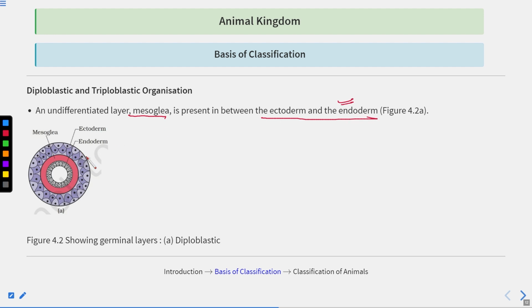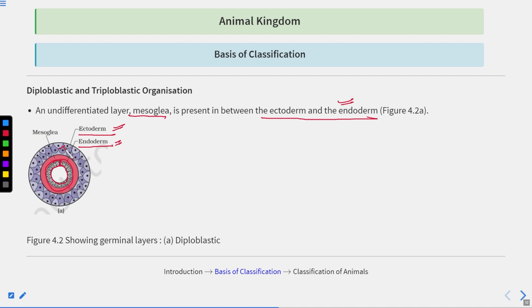So here you can see this is the ectoderm, the outer layer of cells arranged in one fashion. Now you can see this endoderm layer, this particular layer. This is called the endoderm, the inner layer, right?